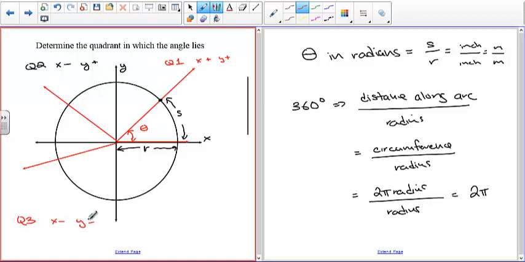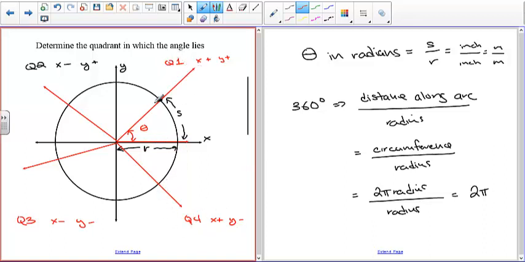Finally, if we have the second ray compared to this reference direction, we call this quadrant 4, Q4. Here x is positive, y is negative. So we call that the fourth quadrant.